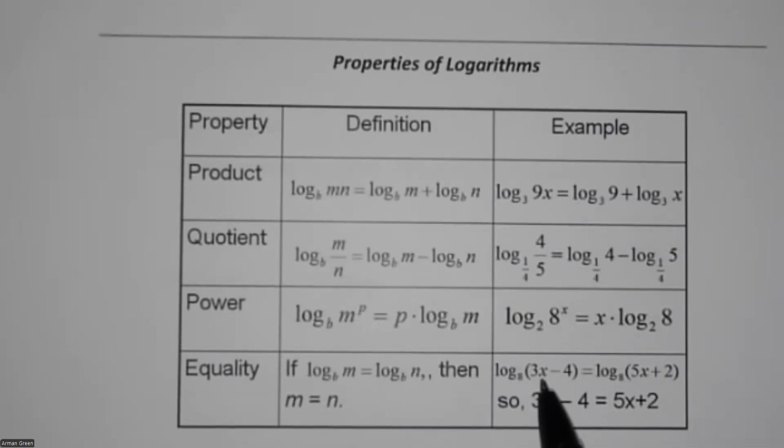In this example, if I have the log of 3x minus 4 equal to the log of 5x plus 2, both of these logarithms have the same base, which in this case is 8. So whatever's inside of them has to be equal to each other. So 3x minus 4 has to equal 5x plus 2.